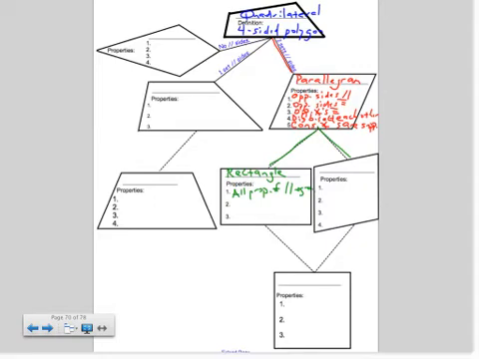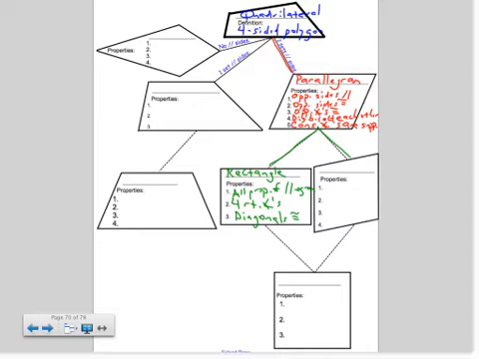So again, rectangle, number 1, all properties of a parallelogram. Number 2, what makes it a rectangle? 4 right angles. And the only other unique thing about a rectangle that differentiates it from a parallelogram is that the diagonals are congruent.